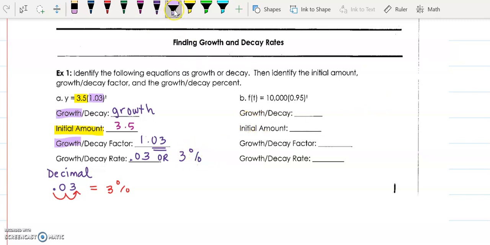Our next example, our base value is 0.95. This is less than 1, so this is a decay factor. That is our decay factor.